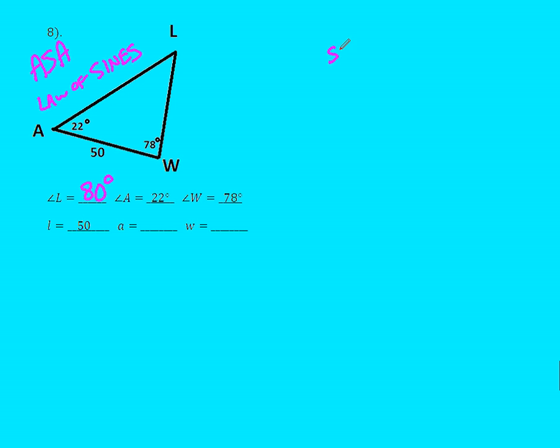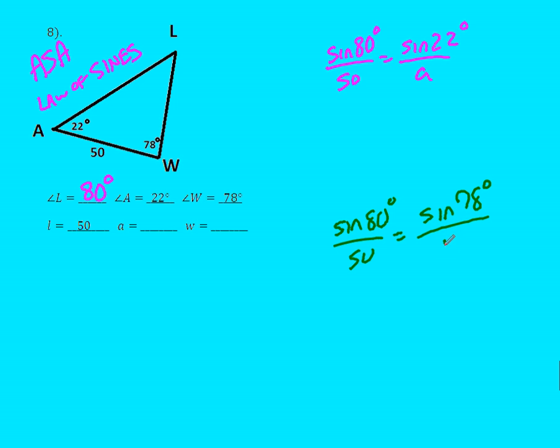I'm going to have sine of 80 over 50 will equal sine of 22 over A. And then I'll also have sine of 80 over 50 will equal sine of 78 over W. When I cross multiply and divide, I should get A equals 50 times sine of 22, over sine of 80, which will equal 19.02.